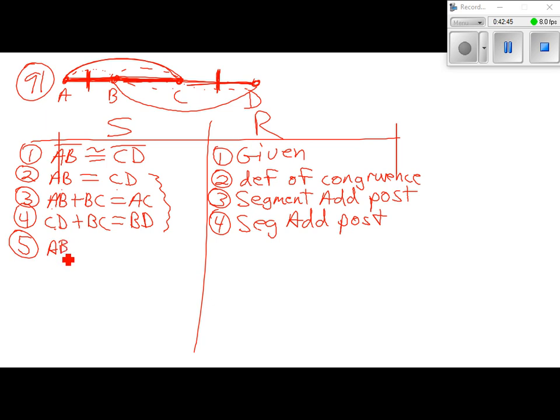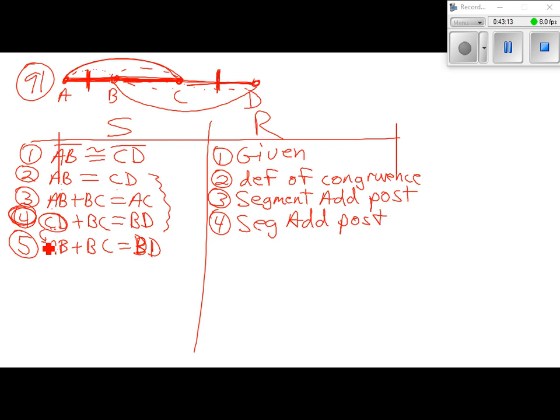AB plus BC equals BD. Oops, BD. So all I did there, I was looking at this number 4 right here, and I knew that AB and CD were the same thing. So I took out CD right here, and I stuck AB in its place.